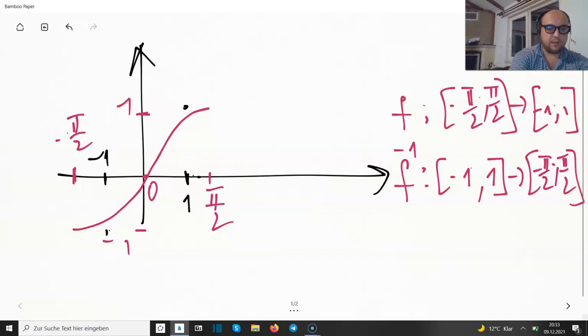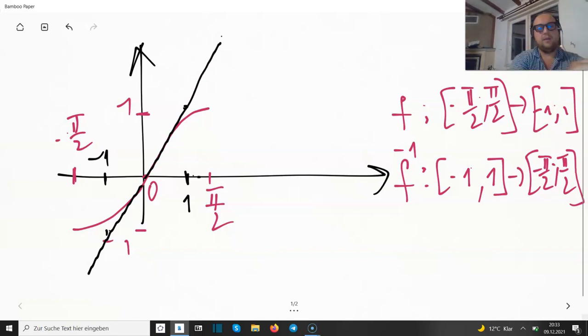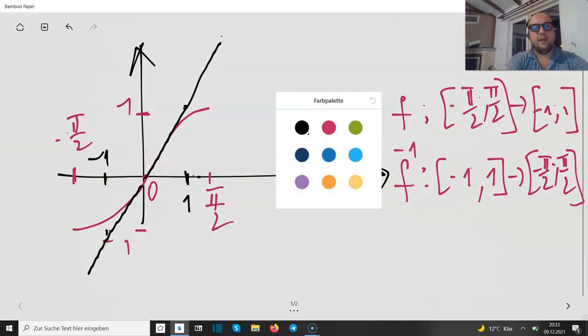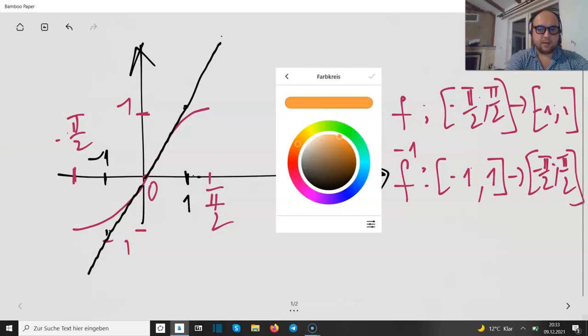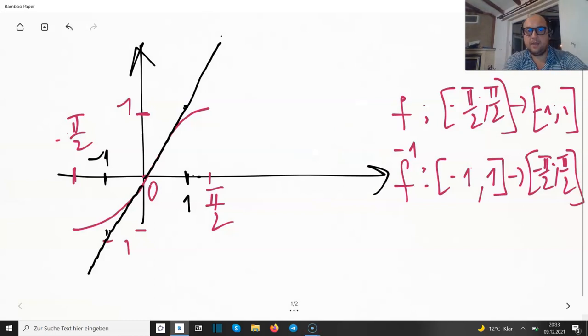So let me try to draw it. This is the line we have, and now you see the inverse function. You remember sine of x is behaving comparably to x, very close to x at 0. So you see this is exactly the same stuff we see here in the picture.